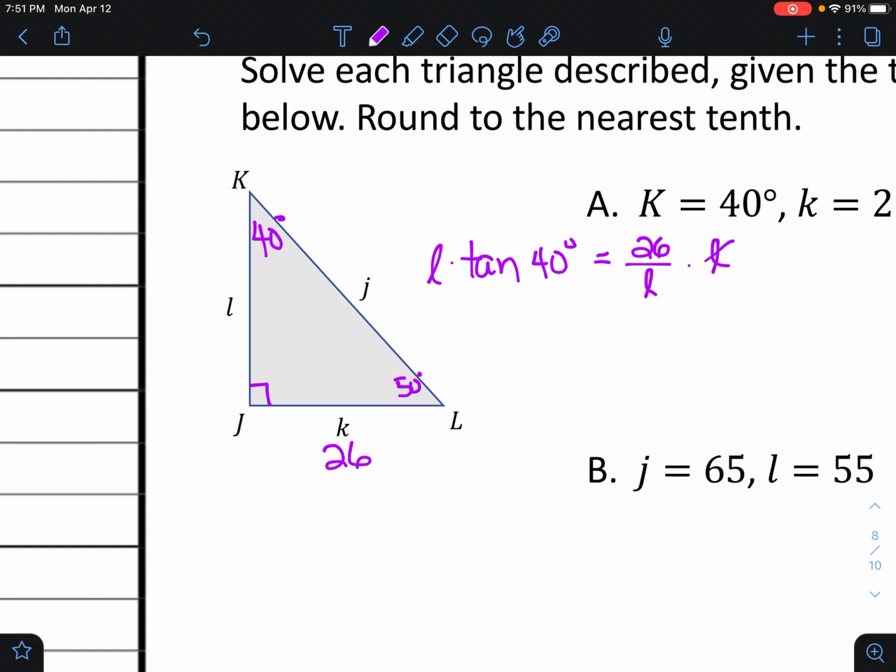These cancel. And then I'm going to divide by tangent of 40 degrees.